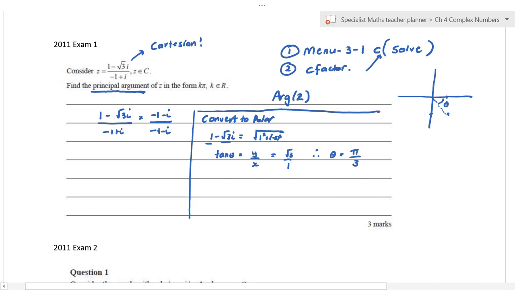Therefore, 1 minus root 3i, applied in the fourth quadrant, is equal to the square root of 4, which is 2 cis of, not pi on 3, it's going to be minus pi on 3, isn't it?